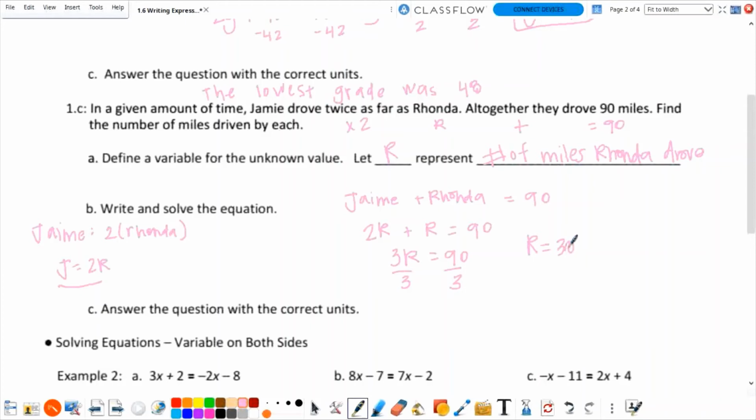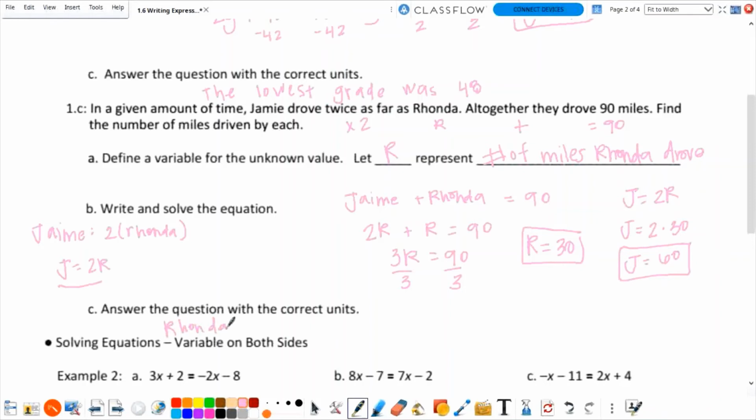Okay, but we're still not done because we still need to figure out what Jamie drove. So if we know that R equals 30, we know that Jamie is equal to 2 times R, then Jamie is equal to 2 times 30. So Jamie drove 60 miles. Answer the question with the correct units.